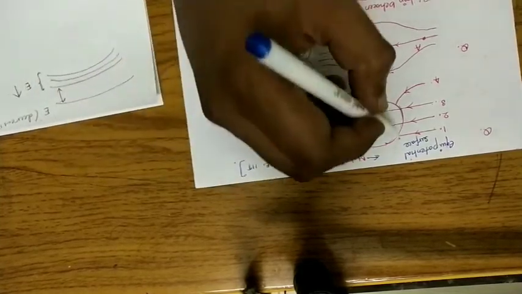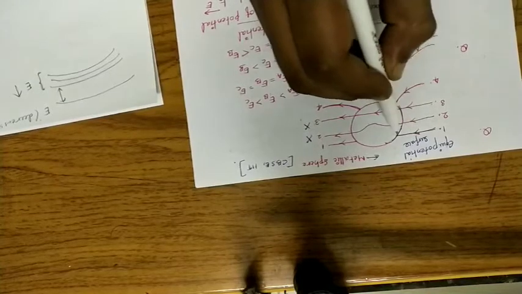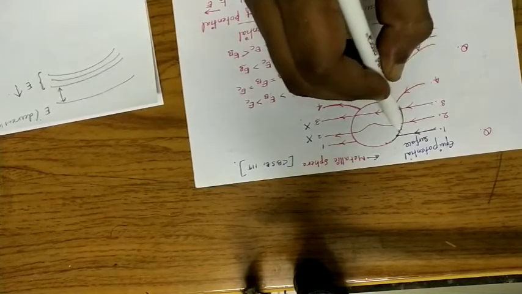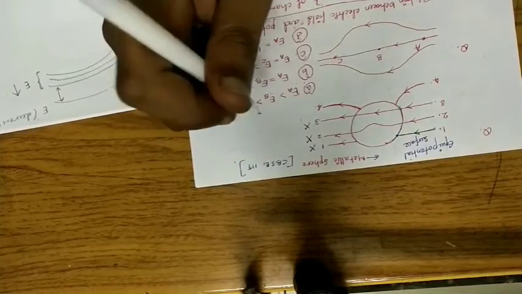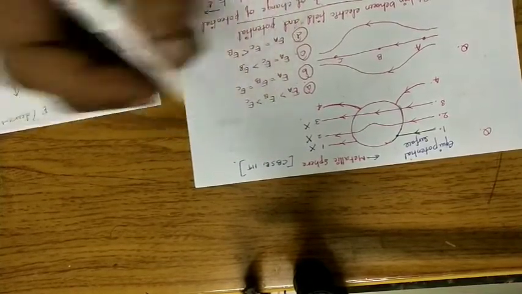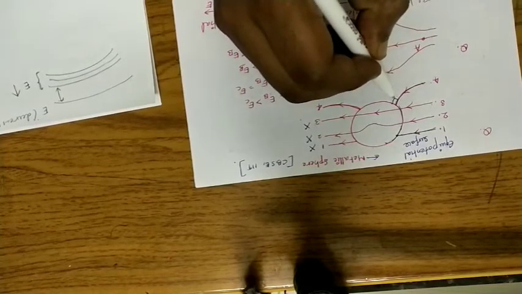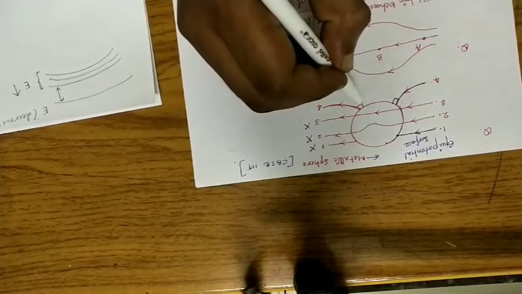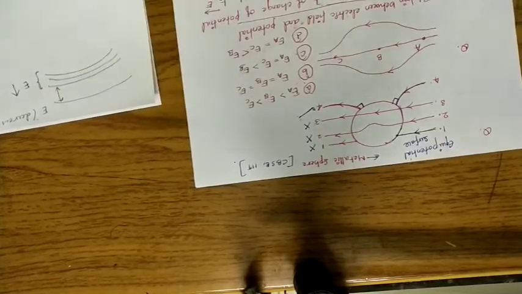If you see, the electric field line is incident at this point, which is not normal. So therefore line 1 is also wrong. Only in the case of 4 it is normal to the surface and emerging out normal. So option 4 is correct.